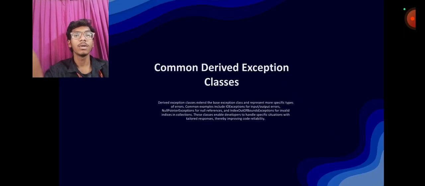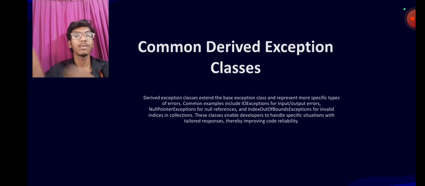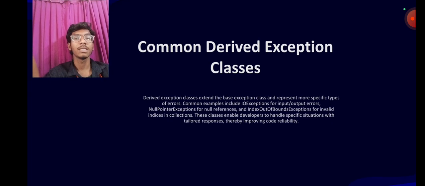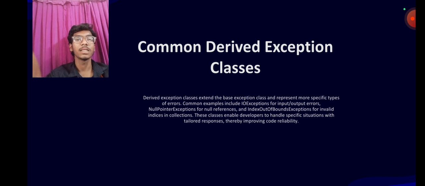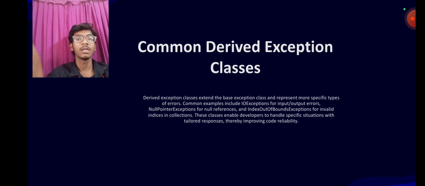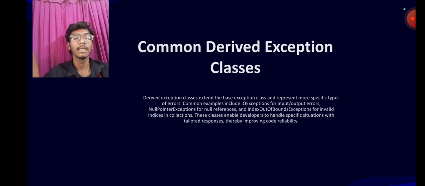And next, common derived exceptions. Here we can see that the derived exception classes extend the base exception class and represent more specific types of errors. Common examples include IOException for input or output errors, NullPointerException for null references, and IndexOutOfBoundsException for invalid indices in a collection.